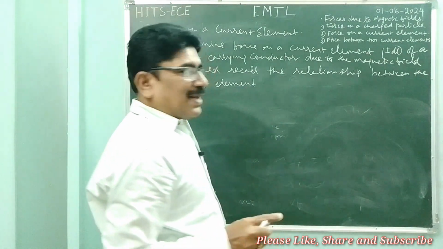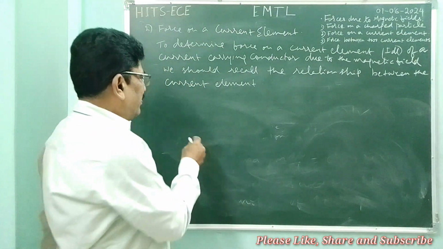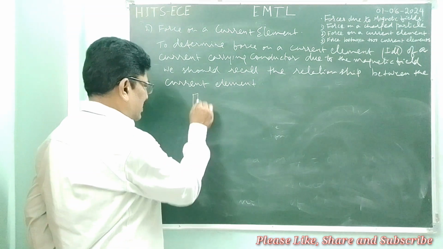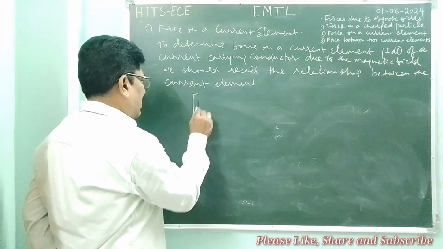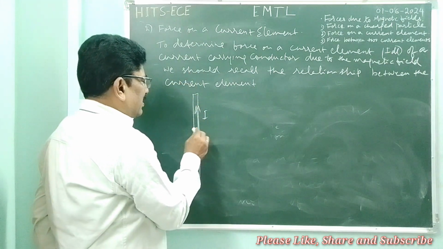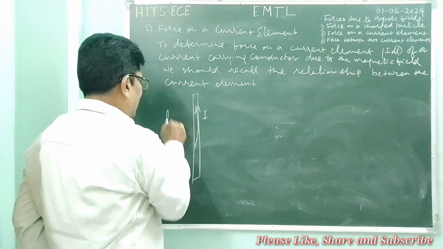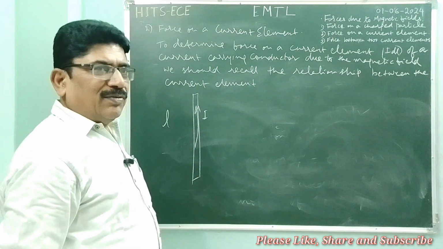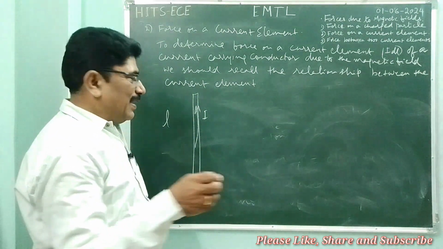Actually, what is a current element? For example, let I be the current flowing through this conductor, and let L be the length of the conductor. We consider a differential length dL.